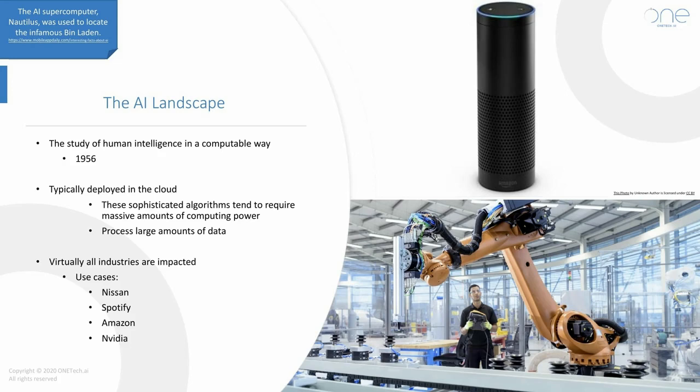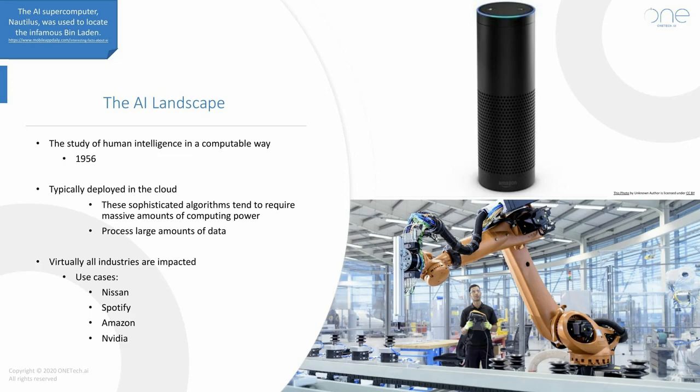And so today we typically see AI deployed in the cloud. The reason for this is these sophisticated algorithms require a massive amount of computing power to process vast amounts of data that's being generated every second of every day.